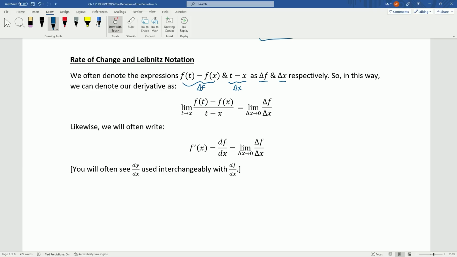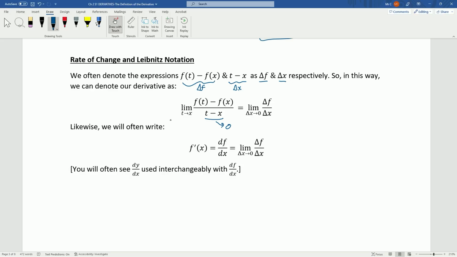So in this way, we can denote our derivative as the limit as t goes to x of f of t minus f of x over t minus x equals the limit as delta x goes to 0 of delta f over delta x. So again, t minus x as t approaches x, this approaches 0. So that's all we're saying. Delta x goes to 0.